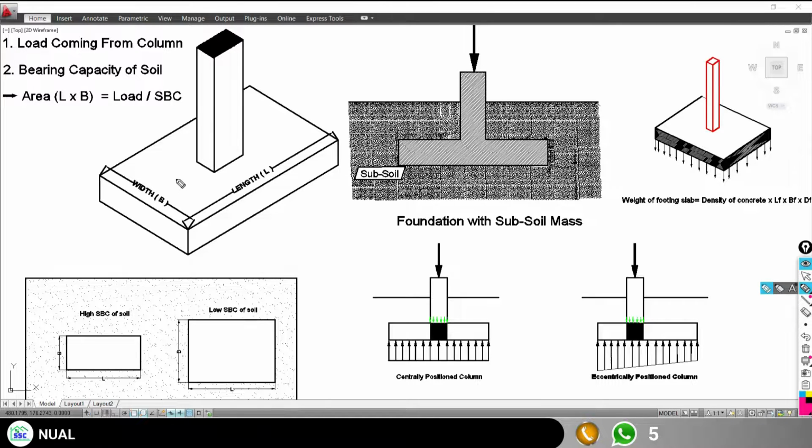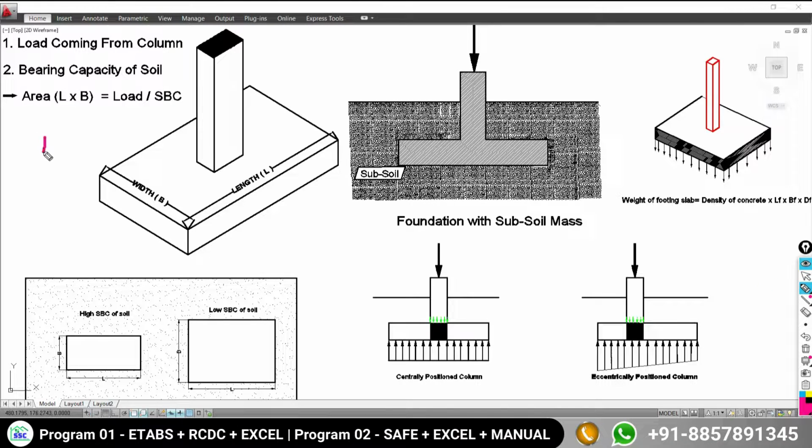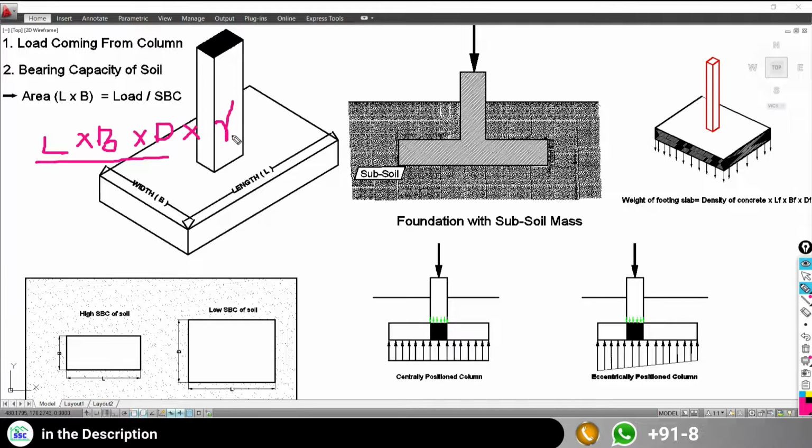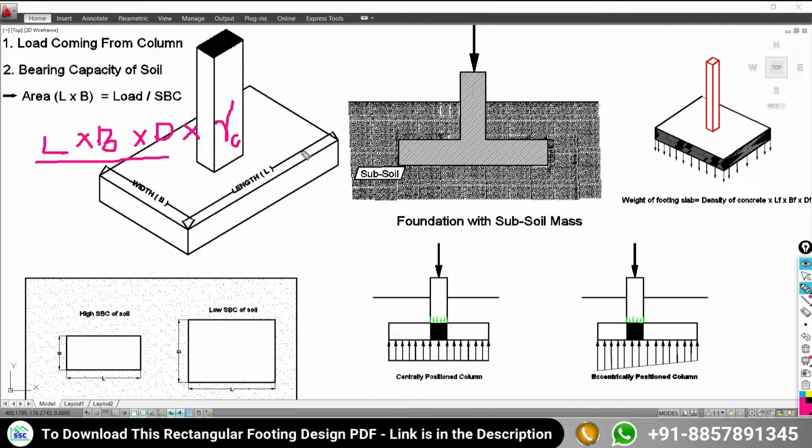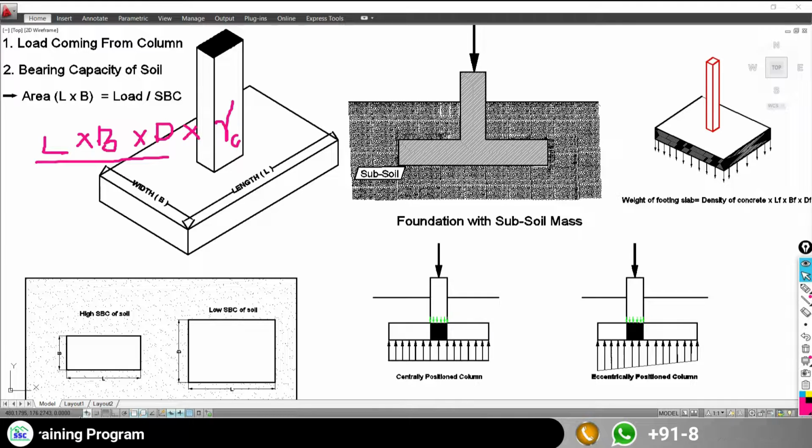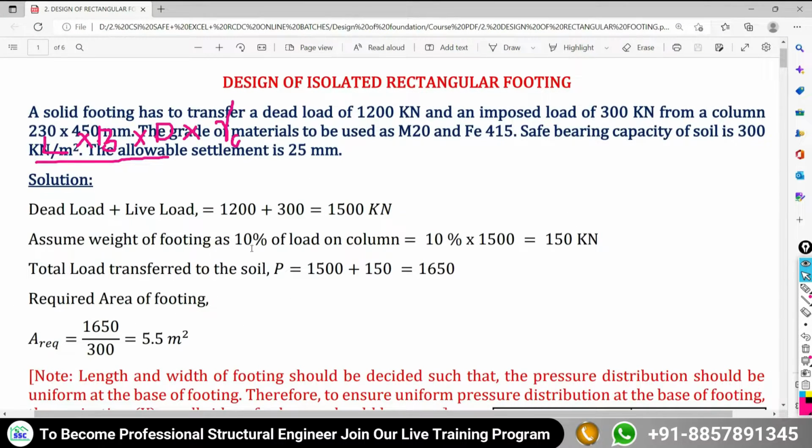For finding out the self weight of the footing, you need to have the length, the width and the depth, and these all three dimensions we have to multiply with the unit weight of concrete, because it is a concrete slab. We don't have this length, width and depth yet. That's why we are going to take an assumption that the self weight of the footing will be 10% of the load coming from your column.